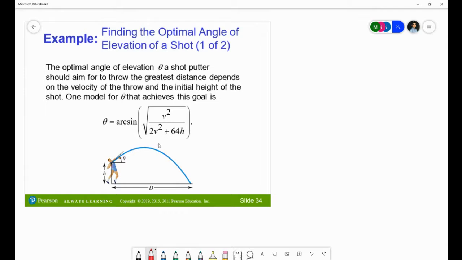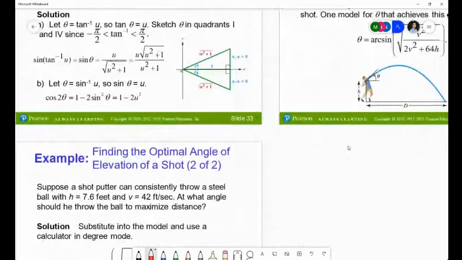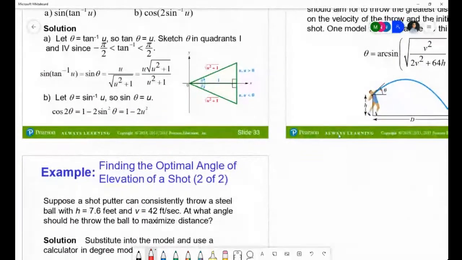Suppose a shot putter can consistently throw a steel ball from a height of 7.6 feet with an initial velocity of 42 feet per second. At what angle should he throw the ball to maximize the distance?